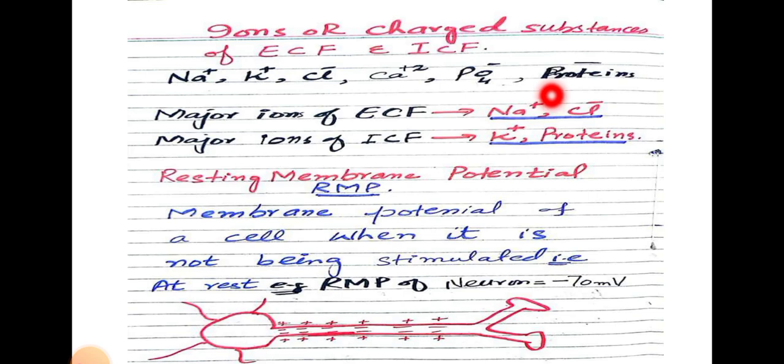Although on both sides, sodium, potassium, chloride, calcium, phosphates are present, but protein is an exception. Amino acids get into the cells where they polymerize to form proteins, and proteins are mostly negatively charged, and they get trapped inside the cell, that is in intracellular fluid.